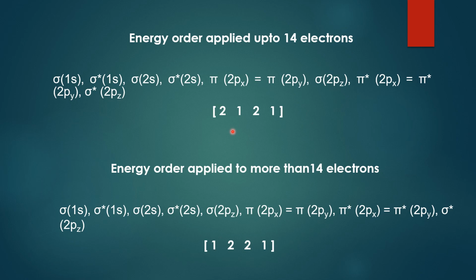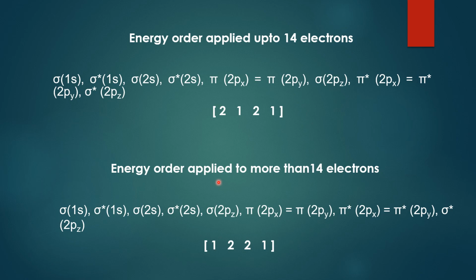The second code is applicable to molecules containing more than 14 electrons. For example, take the O2 molecule, 8 plus 8, a total of 16 electrons. It is a species containing more than 14 electrons. So for the O2 molecule we should apply 1221 for the 2p molecular orbitals.